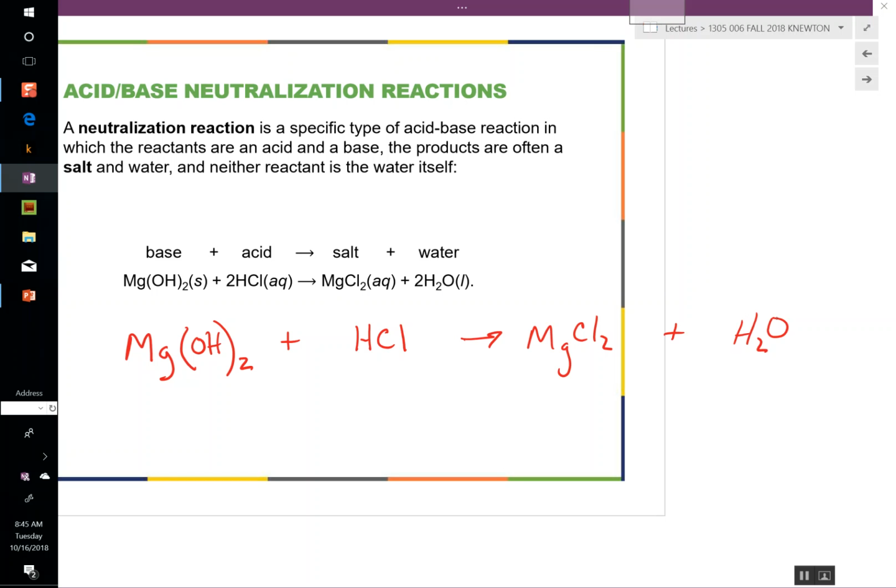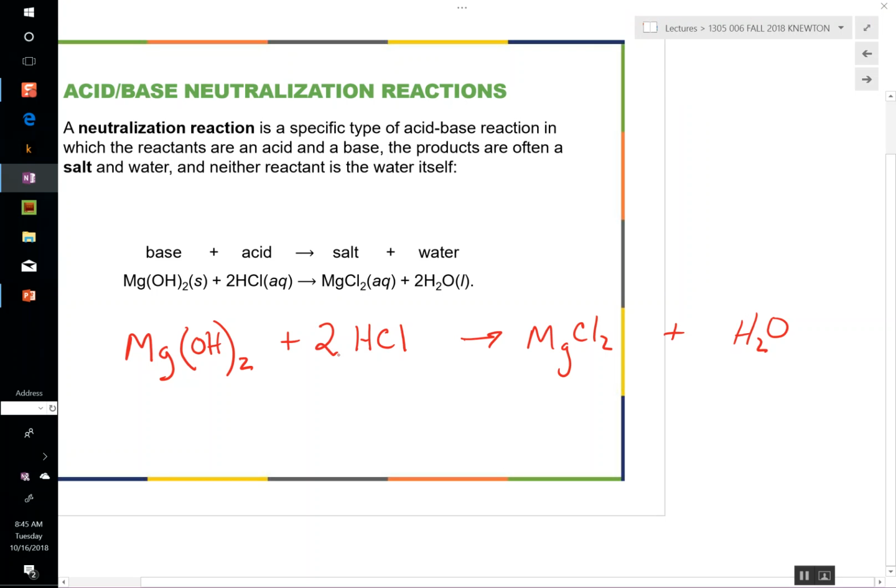One of these will react with one of these OHs and form water. But then there's one of these left over. So really, when you get down to balancing this, we're going to need 2 HCl's, and we're going to produce 2 moles of water.